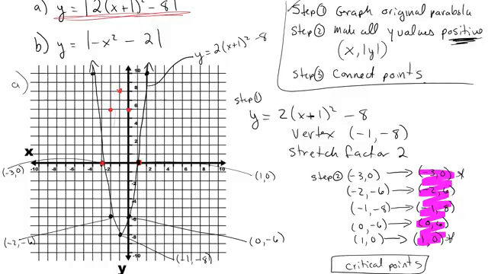So if I were to connect all the points in step 3, I would go like this. And I'm going to change my label here because it's a little bit confusing. I'm going to say that this is my y equals 2x plus 1 squared minus 8, and this middle section is my y equals the absolute value of 2x plus 1 squared minus 8.